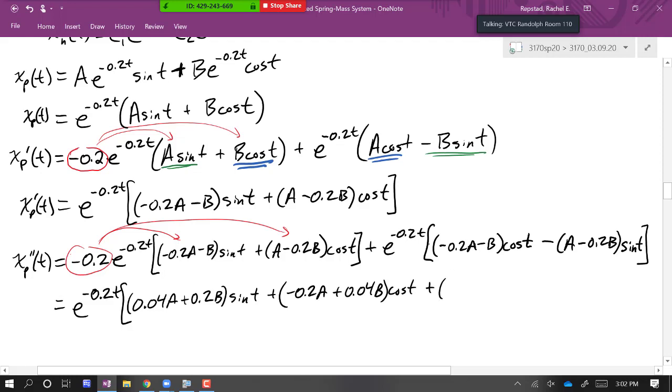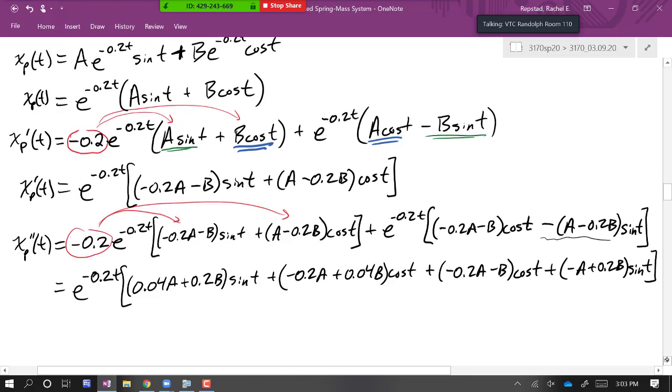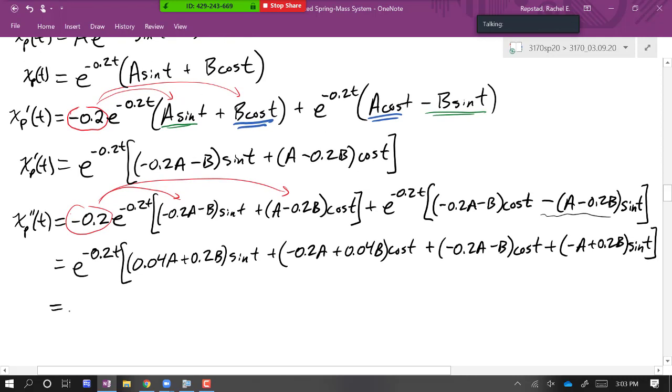And then there's nothing to distribute through the next one, so I'm just bringing those terms down. I think it might make it easier to write this as plus negative a plus 0.2b times sine t.